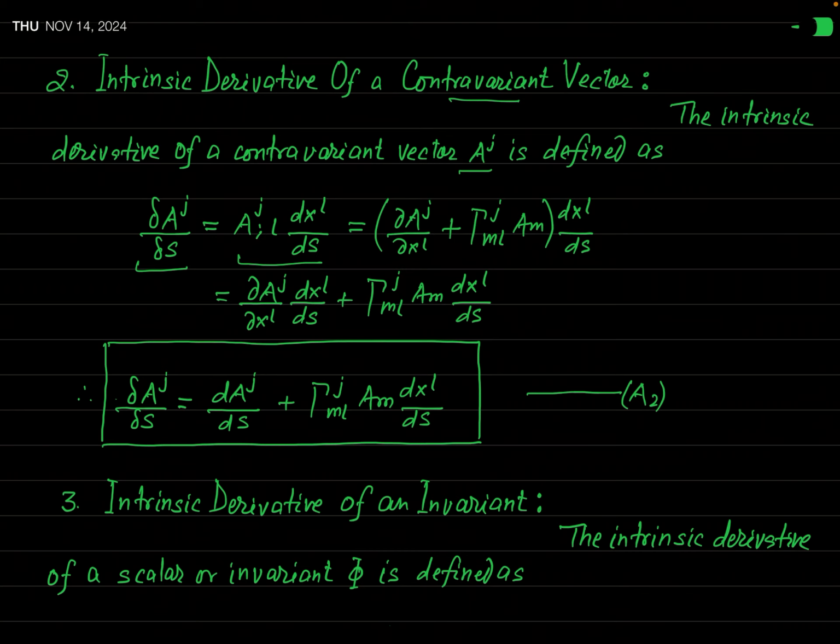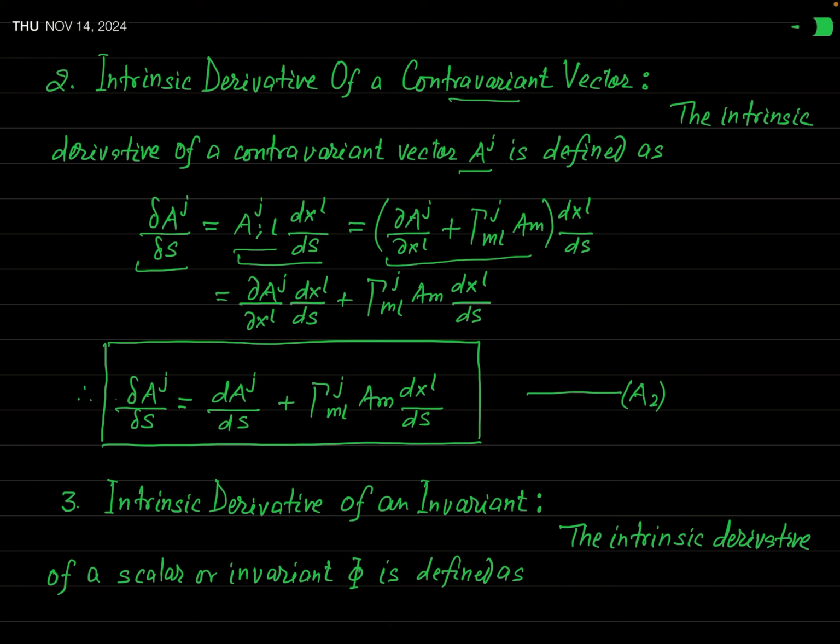Again, you can remember my previous lecture, where you have seen that this covariant derivative of the contravariant vector Aj with respect to xl in terms of the Christoffel symbol is defined like this.